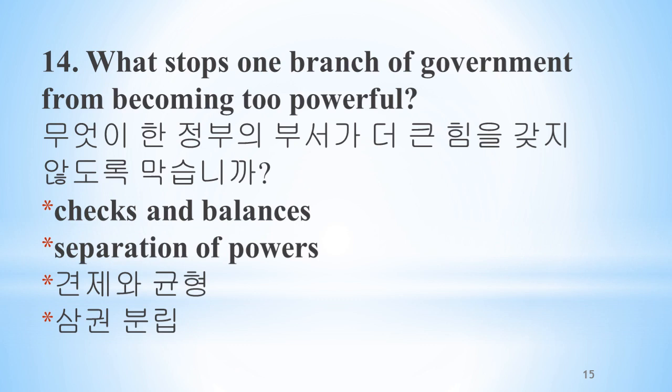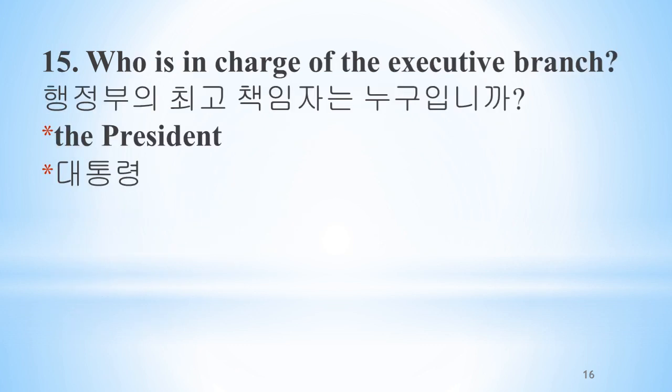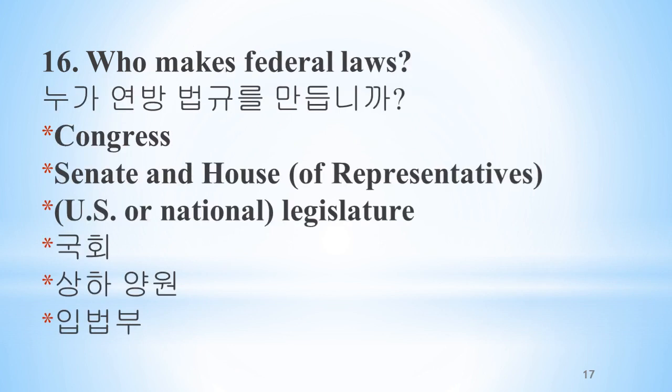Checks and balances, separation of powers. Who is in charge of the executive branch? The president. Who makes federal laws? Congress, Senate and House of Representatives, U.S. or national legislature.